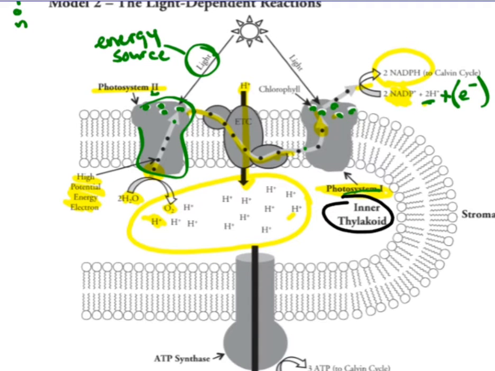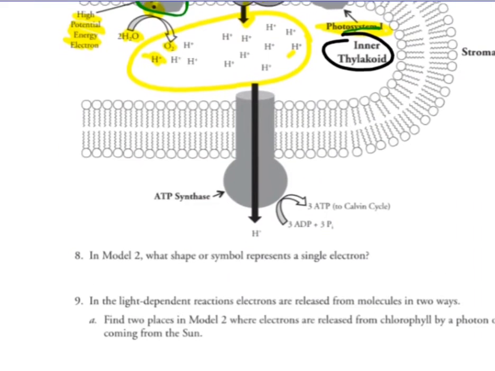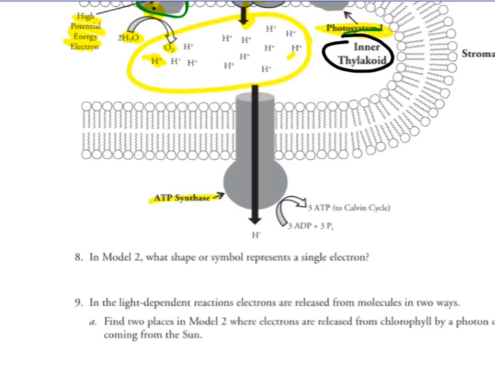Now, what energy carrier have I not addressed? I haven't addressed ATP. It's being made down here at ATP synthase. ATP synthase is a protein that uses an electrochemical gradient to make ATP. Look here.